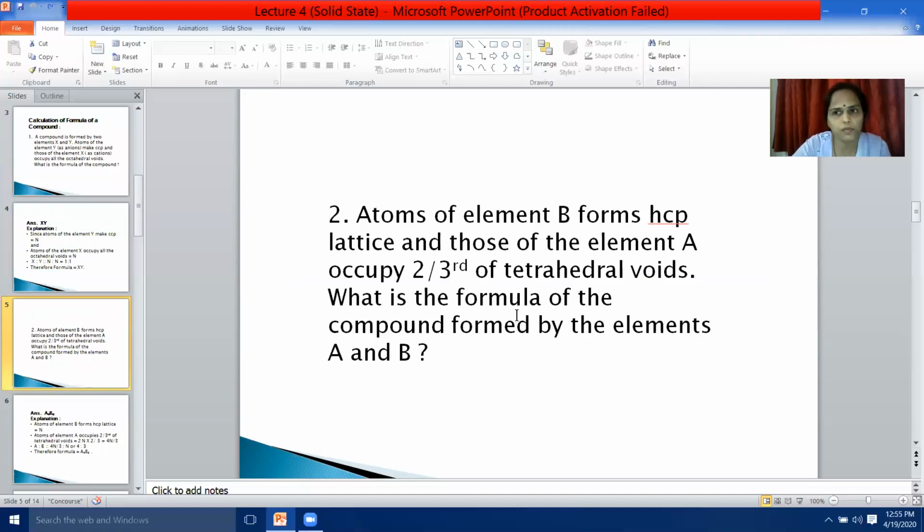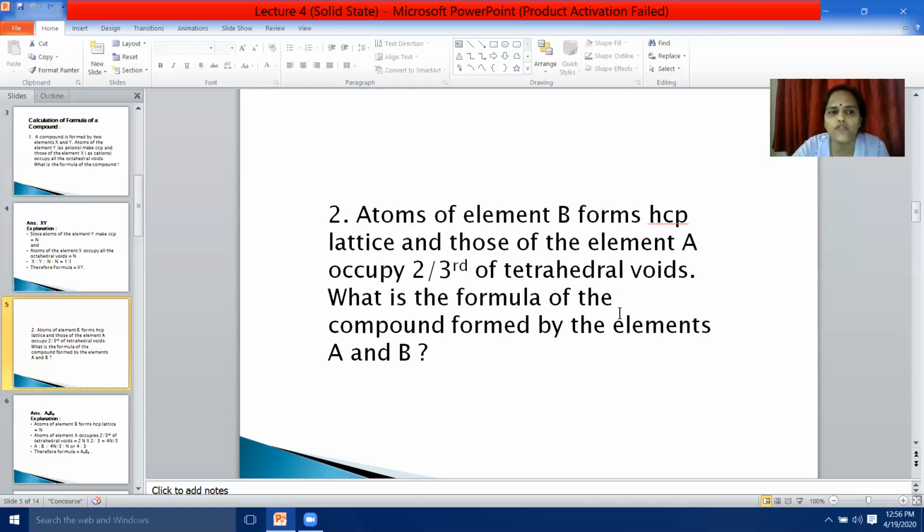Remember the previous video, where I told you if the number of closed pack structures is equal to n, then the number of tetrahedral voids that are generated is equal to 2n. So here, since atoms of element A occupy 2/3 of tetrahedral voids, A is equal to 2/3 into 2n, which is equal to 4n/3.